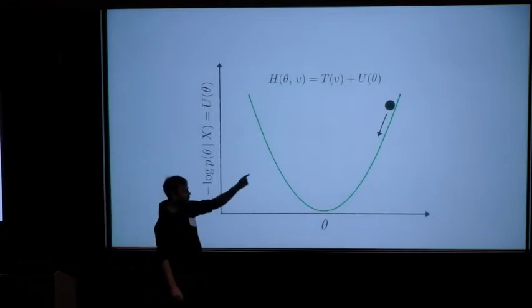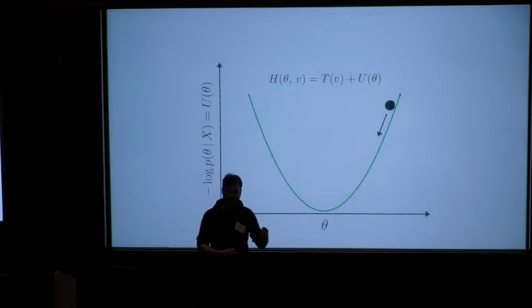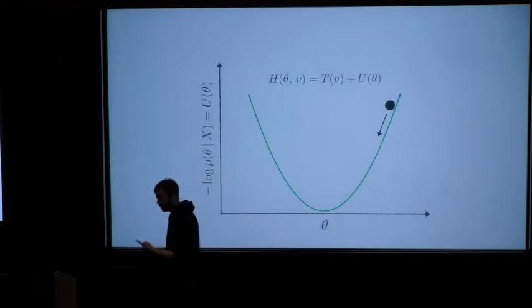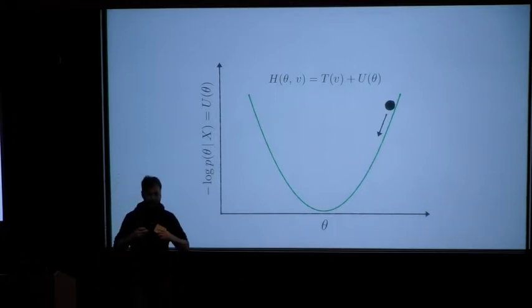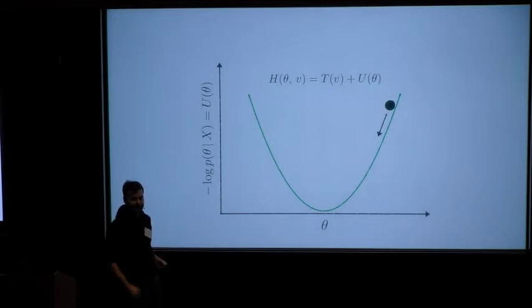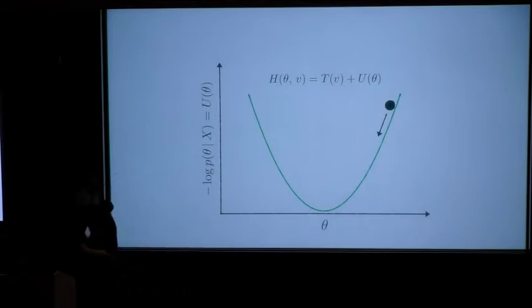And if you can integrate your particle and conserve energy, then every proposal for the MCMC will be accepted. So you'll move far, and you'll accept every step. So it's sort of the dream. This is the MCMC dream. That's why most people use this kind of thing now in other fields.